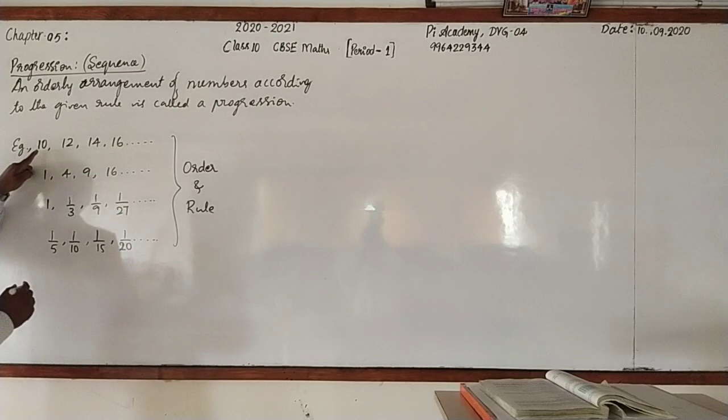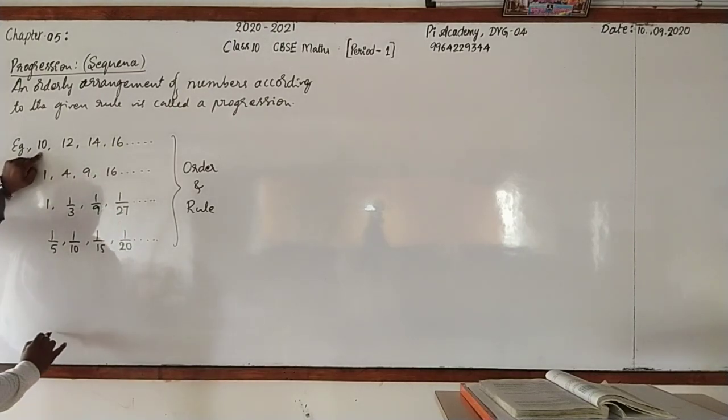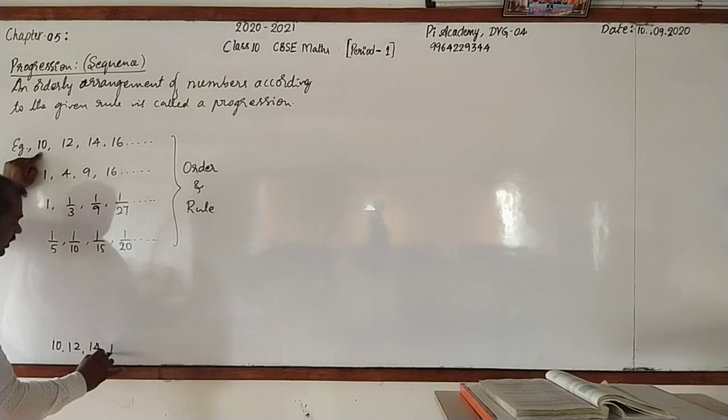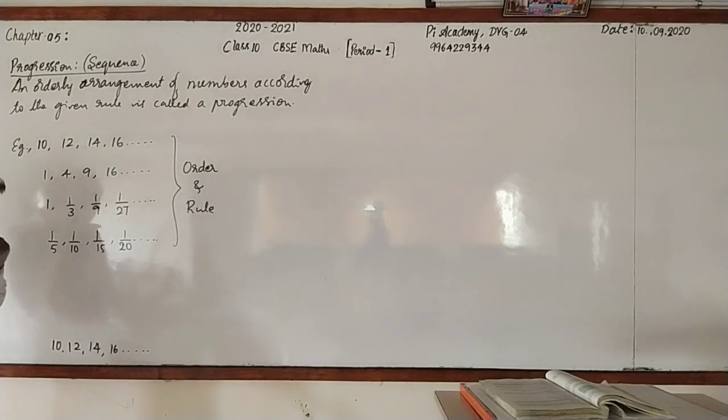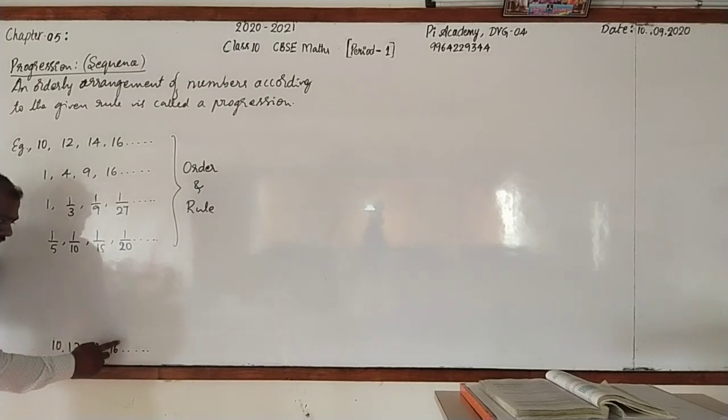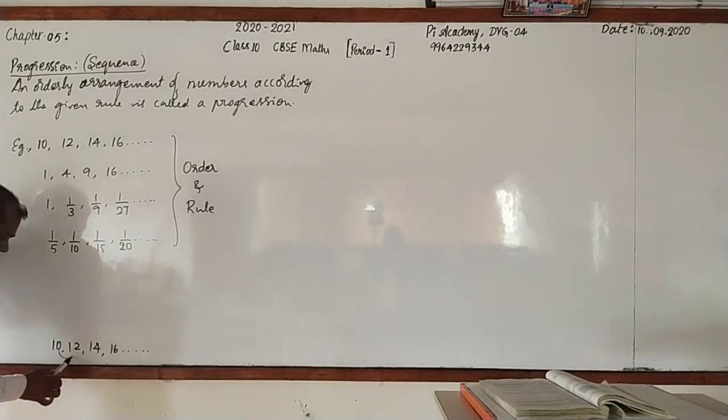First one, the first example, it is 10, 12, 14 and 16. In all these, the numbers which are given in this progression, you can come to know that take any two consecutive terms and find out the difference.